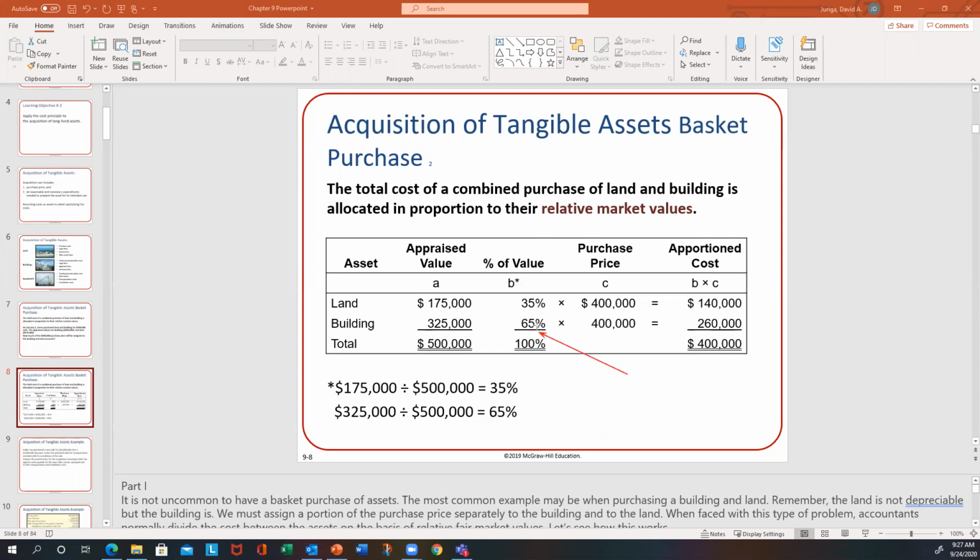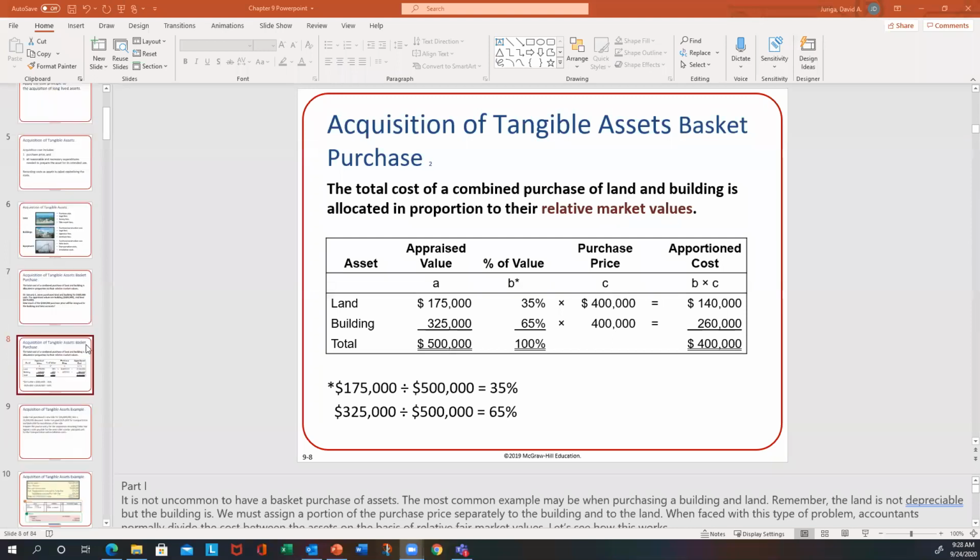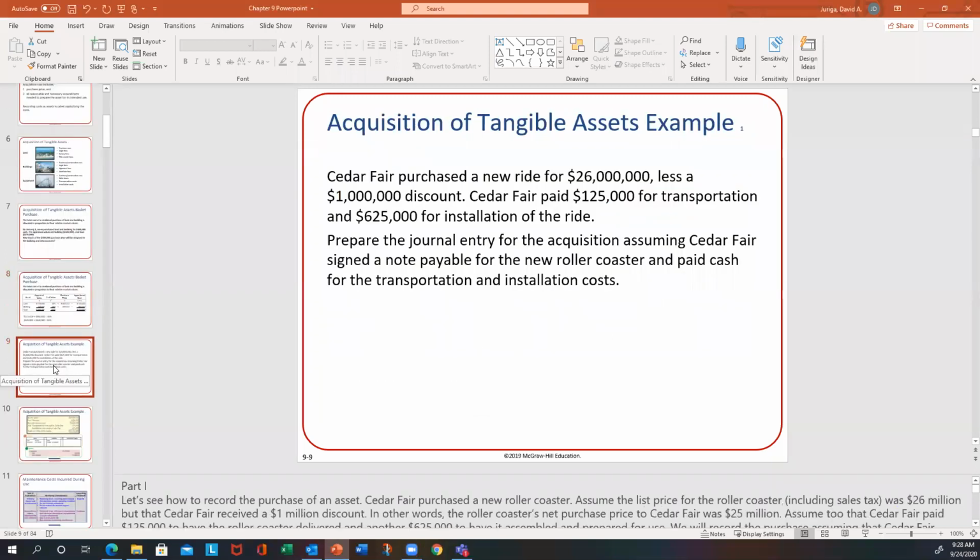And then you just take those two percentages and multiply that by the total purchase price. And that would be how much you're going to allocate to each category. So land would get 140 and building would get 260. And then those would be recorded as the capitalized cost on the balance sheet.